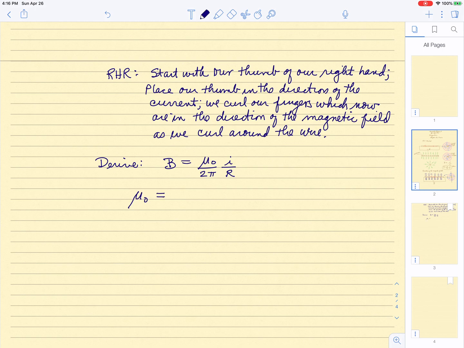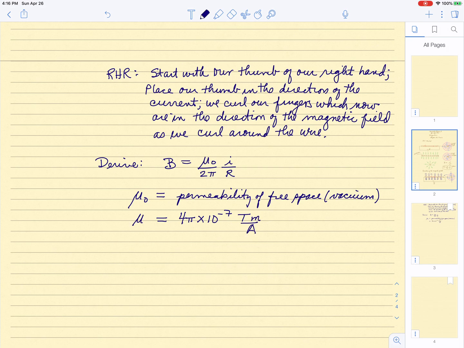Okay, so mu0 is called the permeability of free space, or what's sometimes called the permeability of vacuum, and it's equal to 4 pi times 10 to the negative 7 Tesla meters per amp.